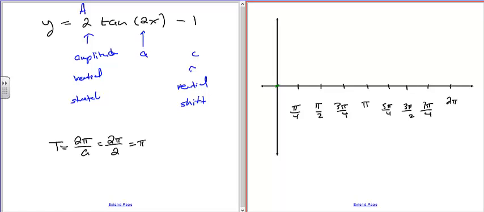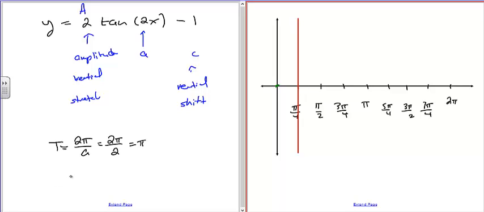So we're going to move a quarter of the period over. Actually, yeah, because what we want is the distances between the vertical asymptotes to be okay. So let's think about this.